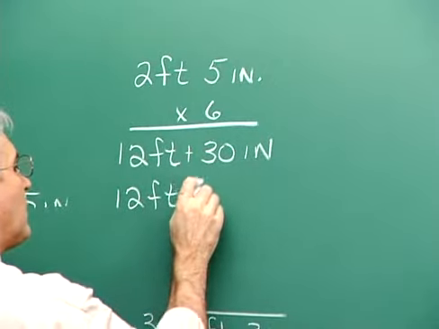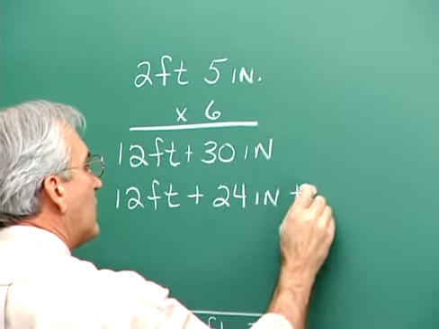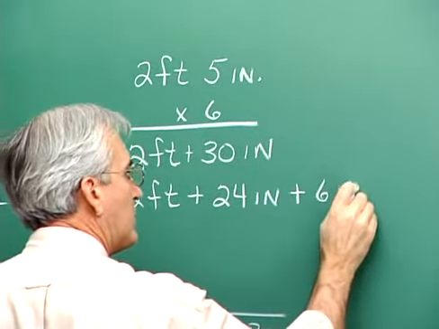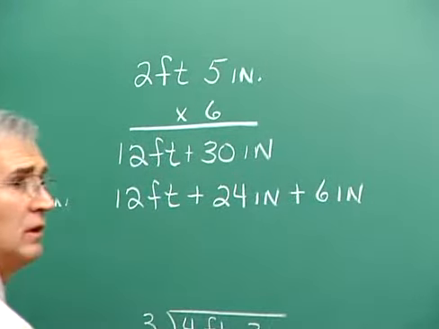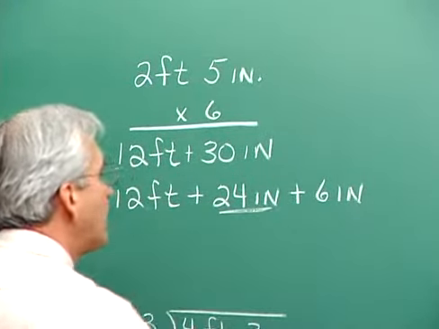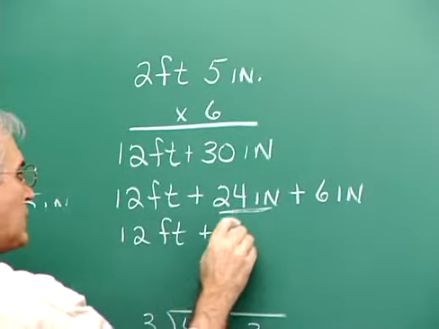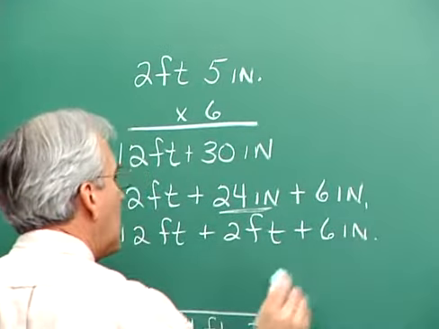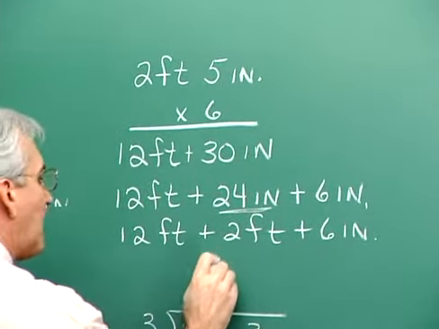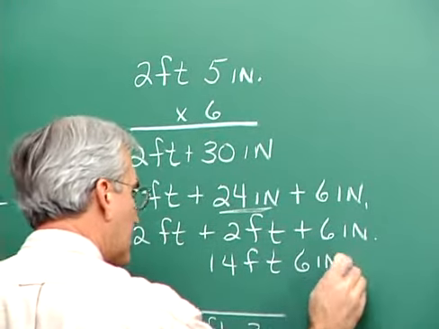So this is really 12 feet plus 24 inches and 6 inches. You see, I'm just dividing up the 30 inches into 24 and 6. And in that way, I can see that we have 2 feet right here. So really, it's 12 feet plus 2 feet plus 6 inches. And 12 feet and 2 feet, oh, that's 14 feet, 6 inches. So that's the idea.